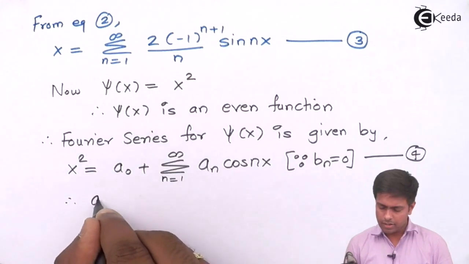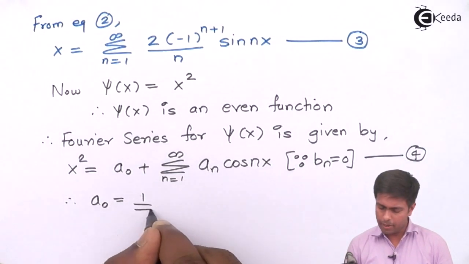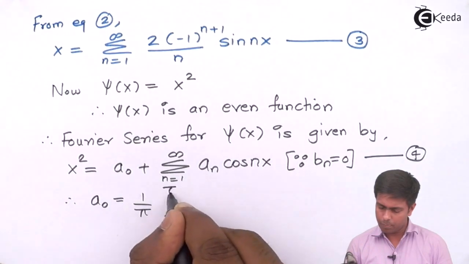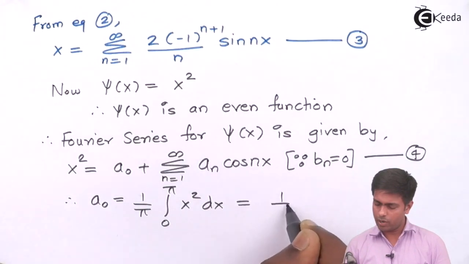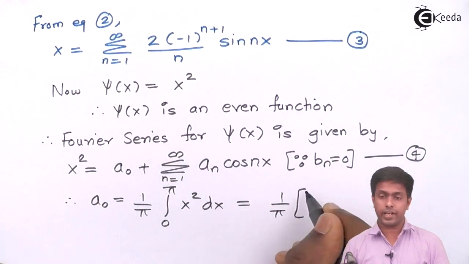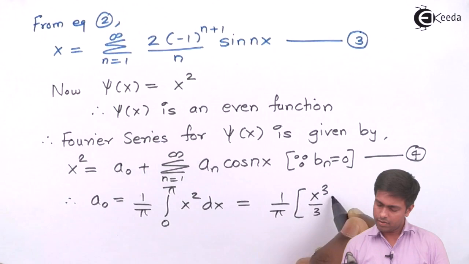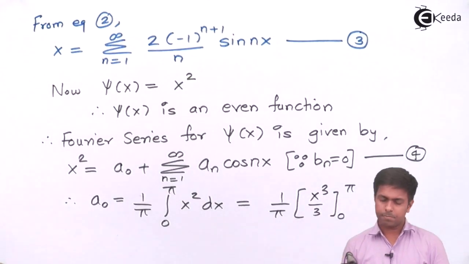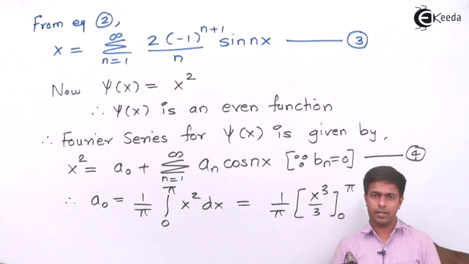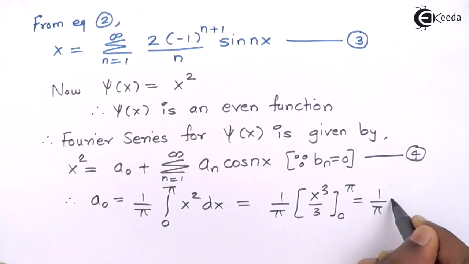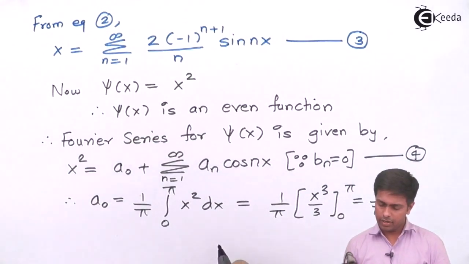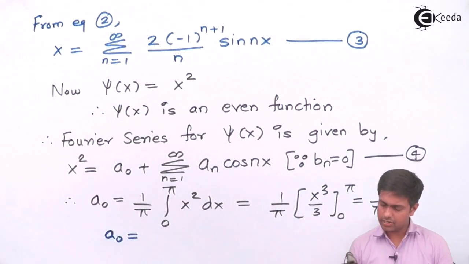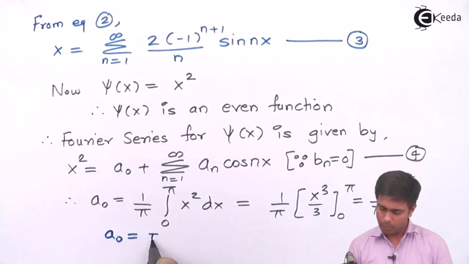So the formula for a naught is 1 by pi integration 0 to pi f of x dx. f of x is x square dx, which is 1 by pi. Now the integration of x square is x cube by 3 from 0 to pi, so that will become pi cube by 3, so 1 upon pi into pi cube by 3. And guys, here we'll get the value of a naught as pi and pi cancel, so pi square by 3.